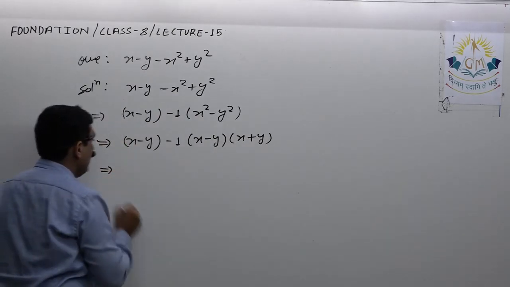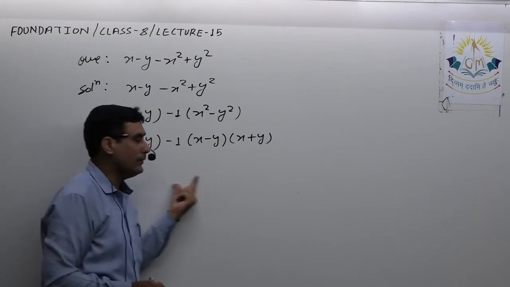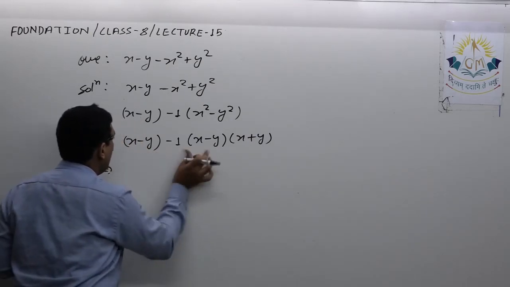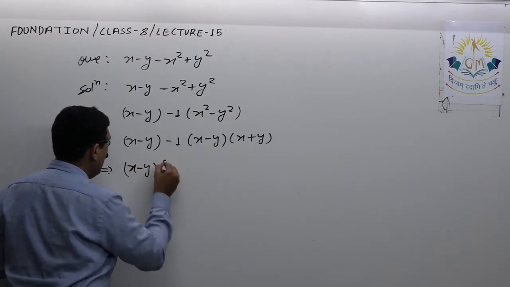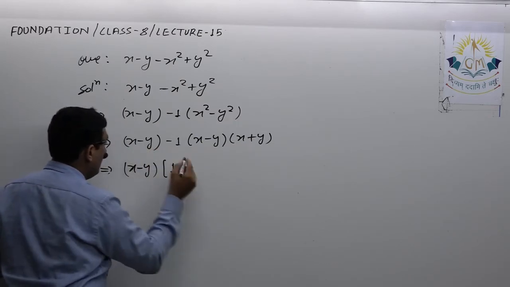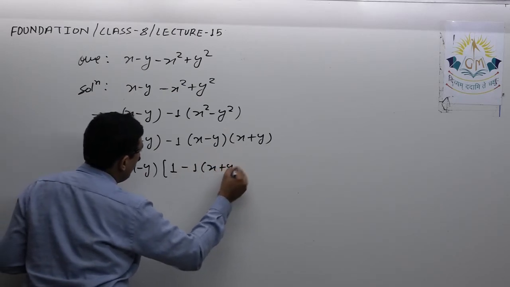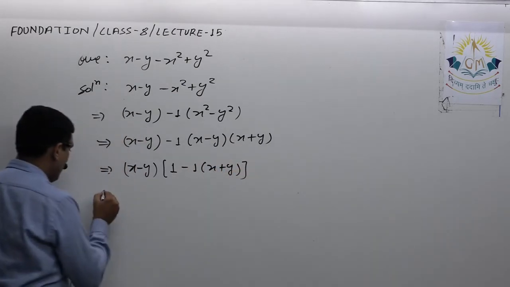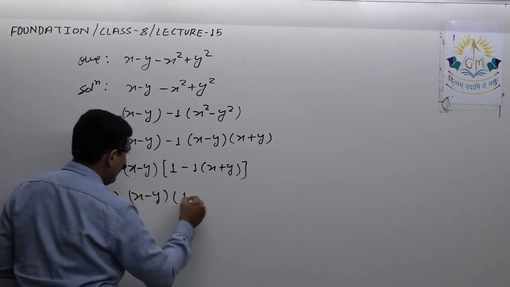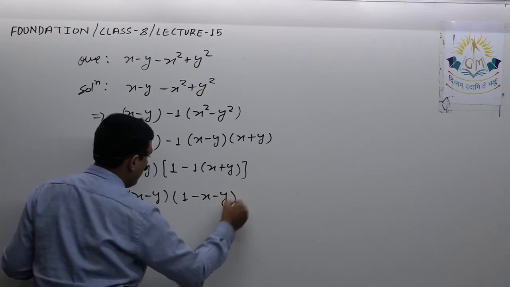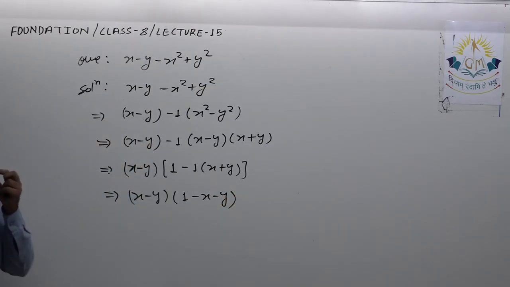Now you can see that we can take x minus y common from these two, isn't it? If I take x minus y common, here I will be left with 1, then minus 1 into x plus y. So finally my answer is 1 minus x minus y, so x minus y into 1 minus x minus y.